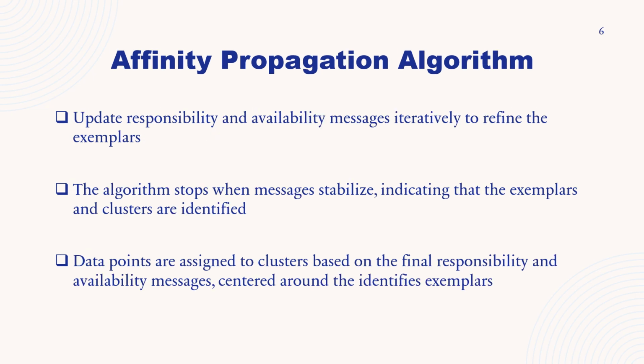In the algorithm, the responsibility and availability messages are updated iteratively to refine the exemplars. The algorithm stops when messages stabilize, indicating that the exemplars and clusters are identified. Data points are assigned to clusters based on the final responsibility and availability messages, centered around the exemplars.